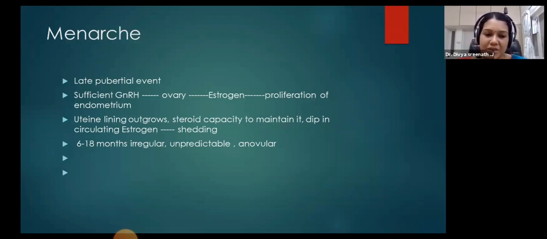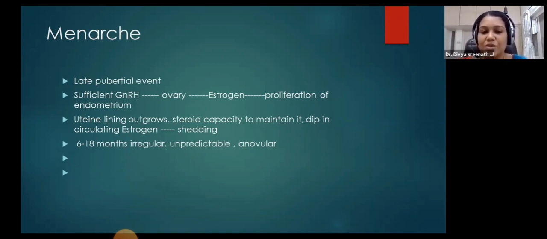Menarche is also a late pubertal event, when GnRH increases and stimulates the ovary, and this ovary produces estrogen, which causes the proliferation of the endometrium. At this time, even without ovulation, there will be proliferation of the endometrium.